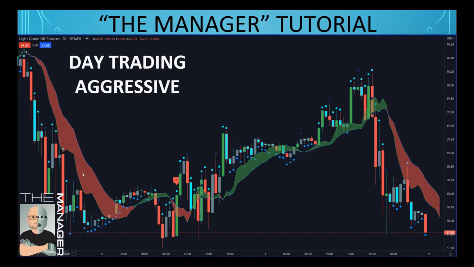So this parabolic move, you can see now though, the cloud changes to green here, and we would actually get a better profit than waiting for that candle here.